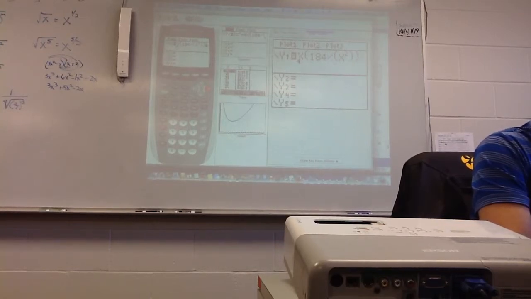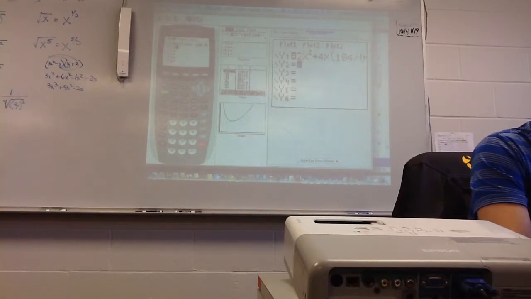So you might want to put the x squared in its own set of parentheses in the denominator. So all you do is type in your equation, press enter.